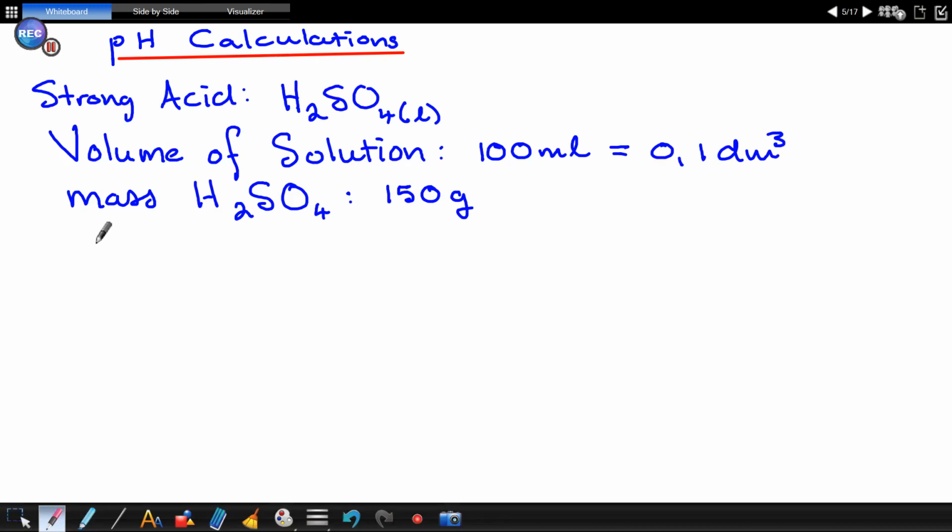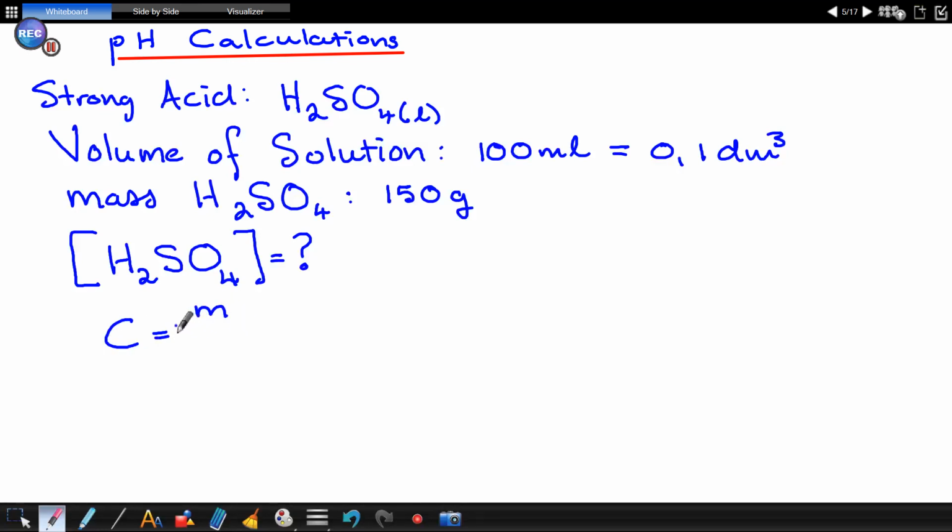What will the concentration of the sulfuric acid be? We're calculating that. Concentration is calculated by taking the mass, dividing it by the molar mass, and dividing by the volume.